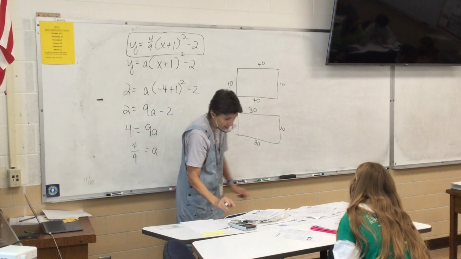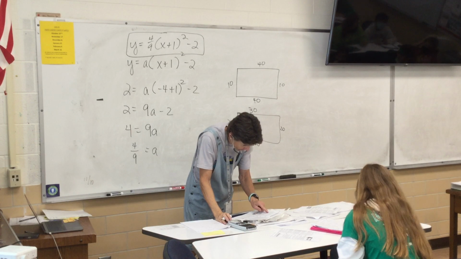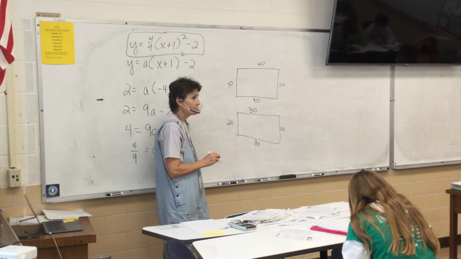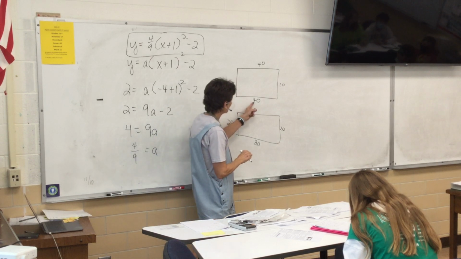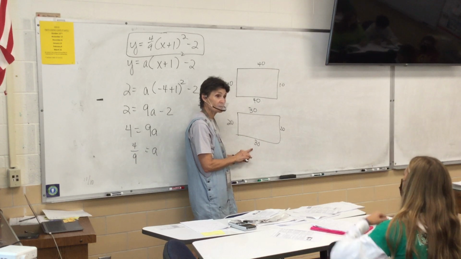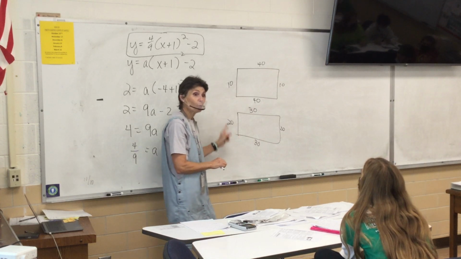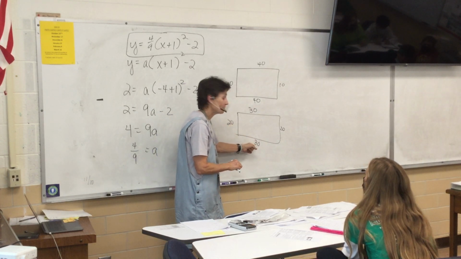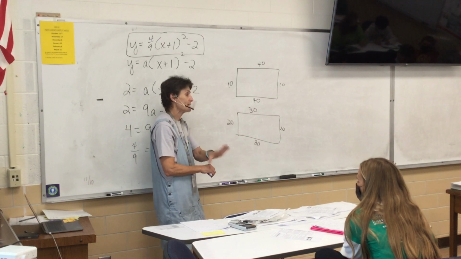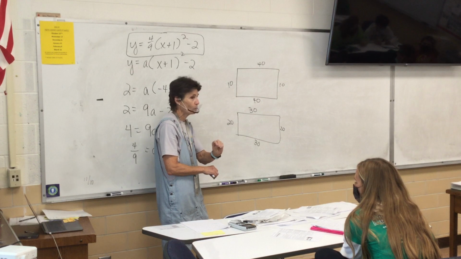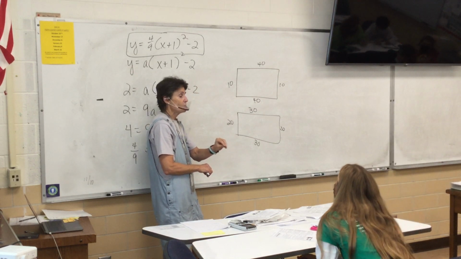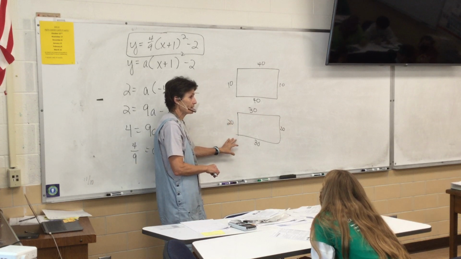Your job is to find the one that has maximum area. So for example, the area of this one is 400, but the area of this one is 600. You want to come up with the combination of numbers that gives you the maximum area. Now I know the answer is there, but I promise on test day it won't be. So we need to be able to figure this kind of problem out. We want the maximum area.